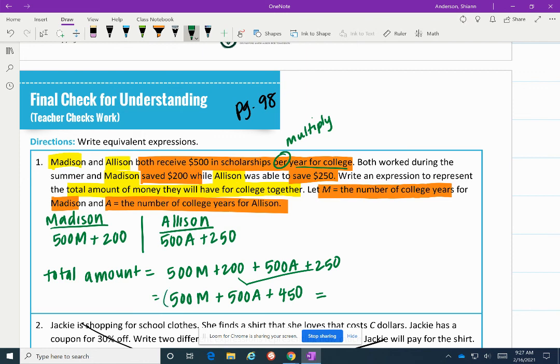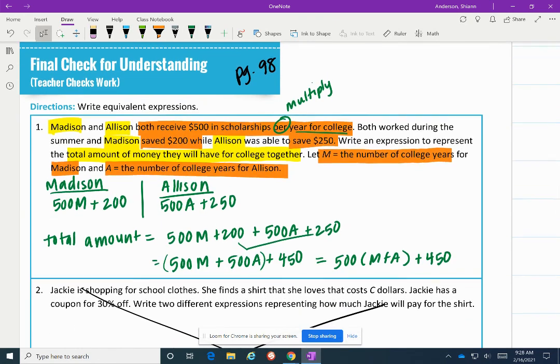So this could be 500 times M plus A plus 450, sorry. And either answer would be correct. So 500M plus 500A plus 450 is a good answer, as well as 500 times the M plus A plus 450. And that would be it. That would be our answers.